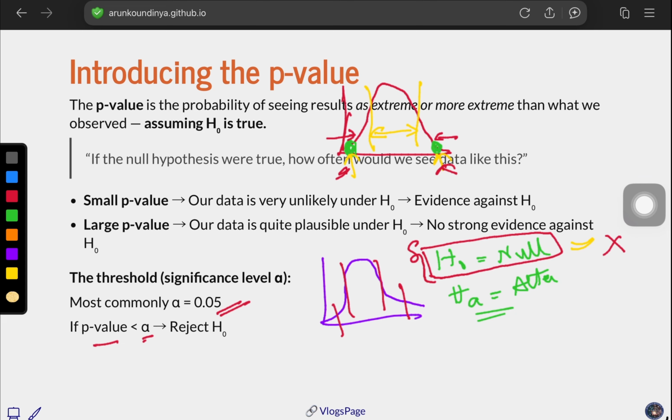But one can question back, why are we giving 95% confidence automatically to the null hypothesis? Why can't it be 50%?